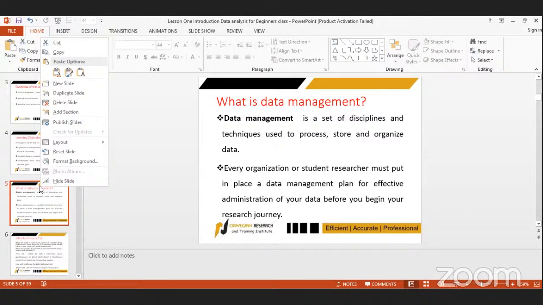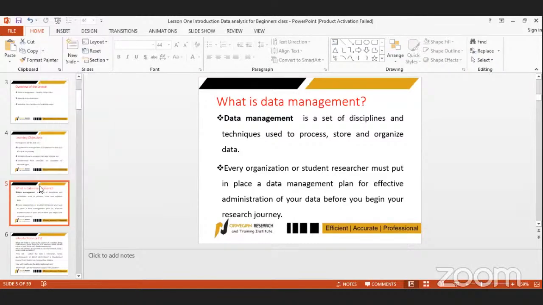So the concept of data management is important both for organizations and also for students who are at a higher level of learning. When you want to do research, you must put into place how you will manage your data. Every organization or student researcher must put in place a data management plan for effective administration of your data before you begin your research journey.